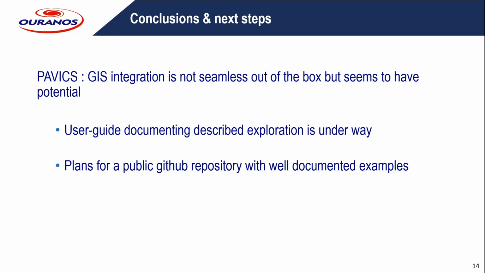So what we're working on now, what we hope to get together, is some guidance documenting the explorations that I've described so far, but in a much more understandable manner. And then the plan is to have a public GitHub repository with some well-documented examples and recommendations for GIS professionals hoping to access PAVX data.